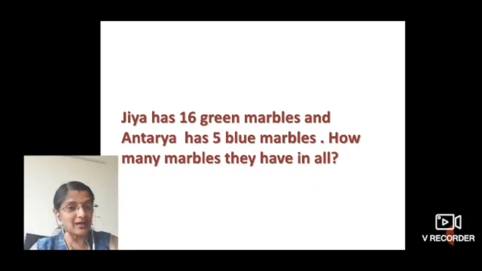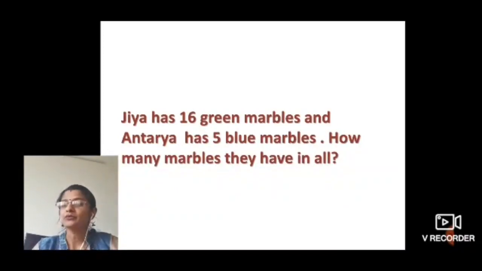We can count marbles, right? So we will write number of green marbles Jia has. The second information is Antarya has 5 blue marbles. So we can frame it as number of marbles Antarya has is equal to 5.